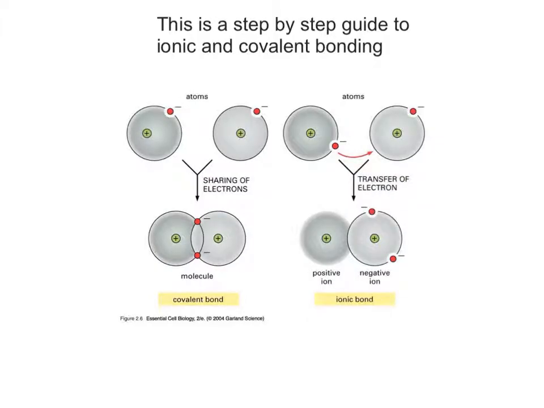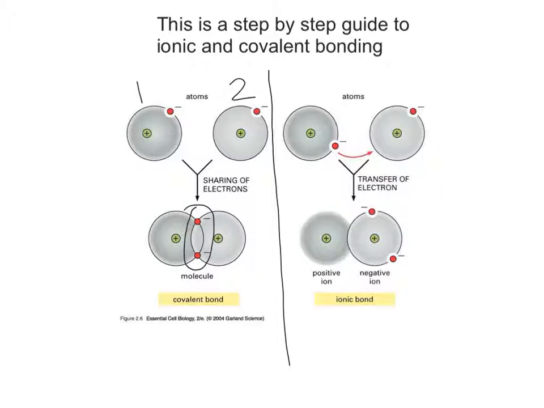Now that we've finished the introduction, we're ready for our step-by-step guide to ionic and covalent bonding. Here are two examples of two types of bonds. On the left-hand side, you have covalent, or sharing electrons. Atom 1 is sharing with atom 2, and you're making a molecule. They're sharing those electrons right in this area.